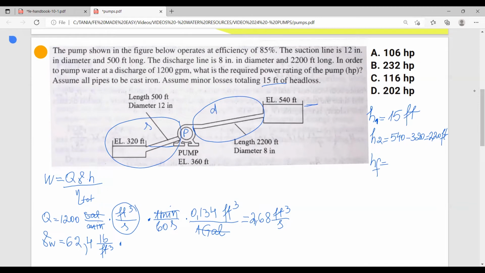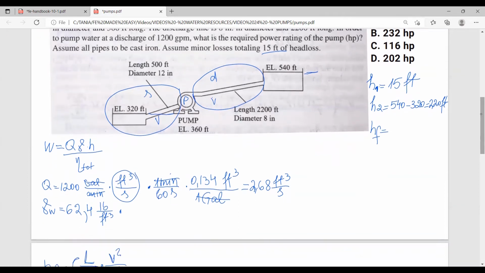We have to calculate the velocity at the suction and the velocity at the discharge. We can use the formula that flow equals V times A, and from here we can calculate the velocity.